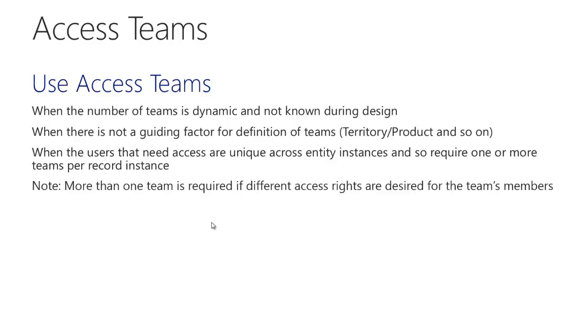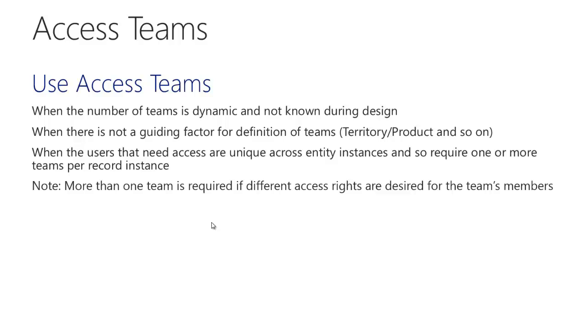Also, specific to access teams, there are two types that we have discussed today, and I want to recap those. One is the auto-created access teams, which are always exposed as subgrids on the forms and are based off of an underlying access team template.